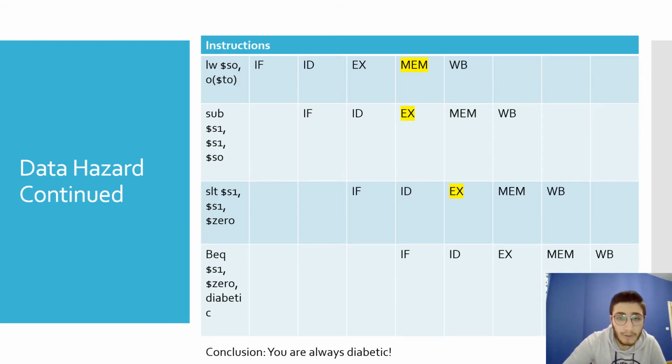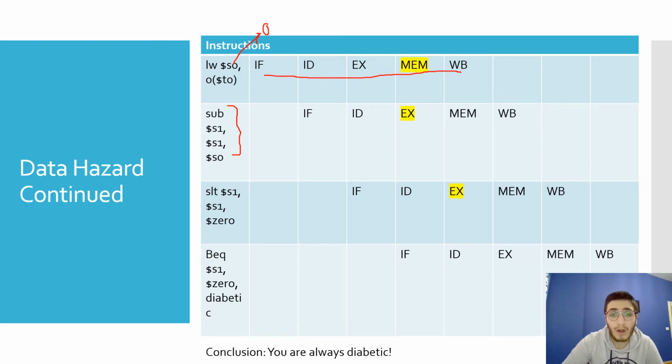For this code, when the subtract instruction is to be executed, $S0 would still have the previous value in it, which is 0. Why? Because for $S0 to be updated, the load instruction needs to be finalized. However, the subtract instruction is executed before the first instruction is finalized.